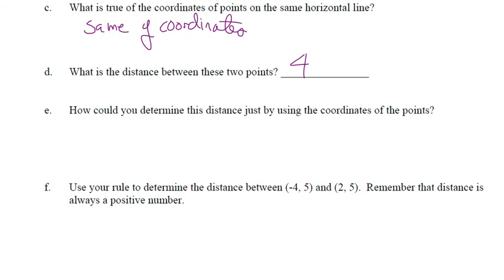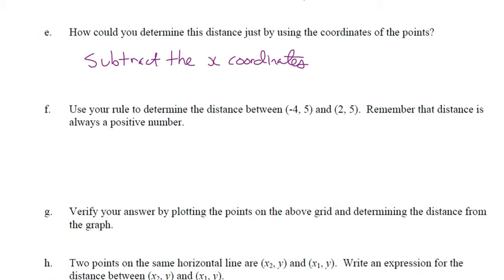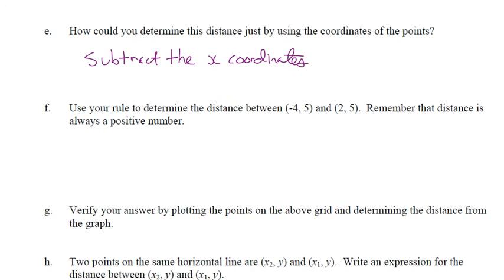Well, you got coordinates. How are you going to get a 4 out of those? Subtract the x coordinates. Use your rule to determine the distance between -4, 5 and 2, 5, remembering that distance is always a positive number.